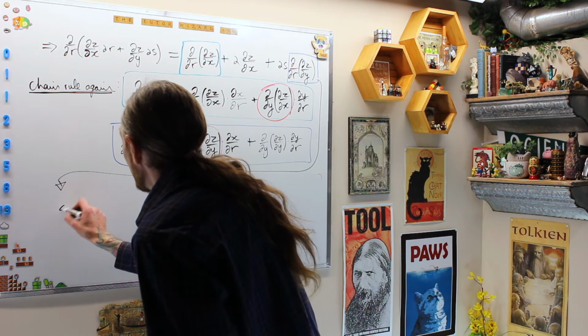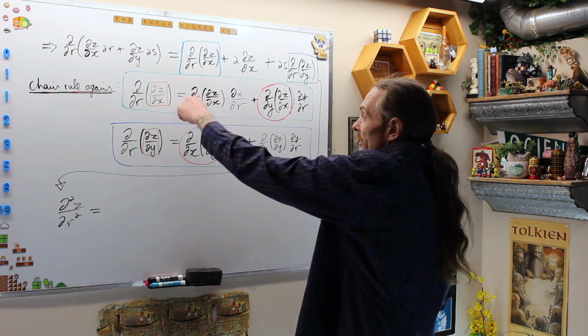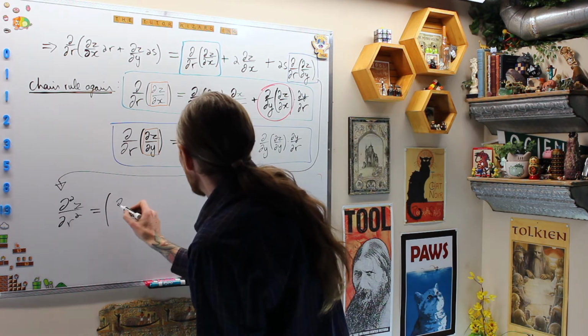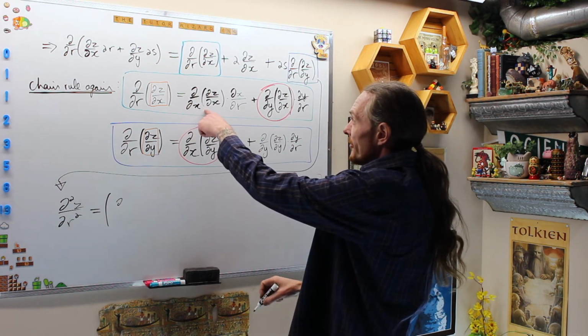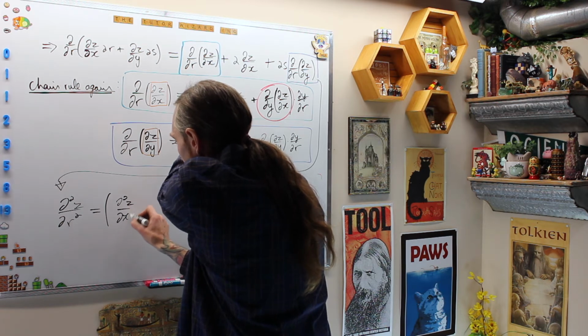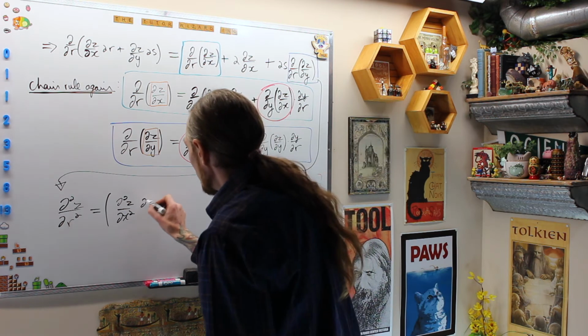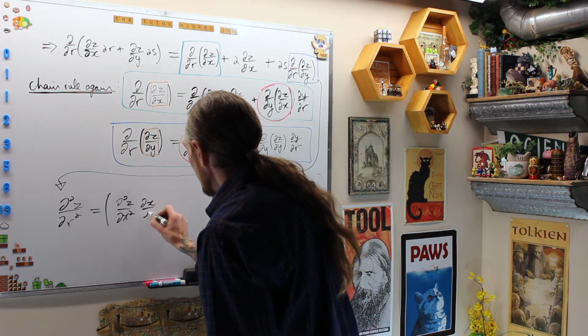This is going to give us that guy is equal to the blue one. So now I'm plugging this in here. I get the partial squared of z with respect to x squared times dx/dr.